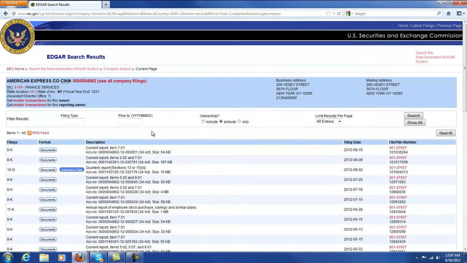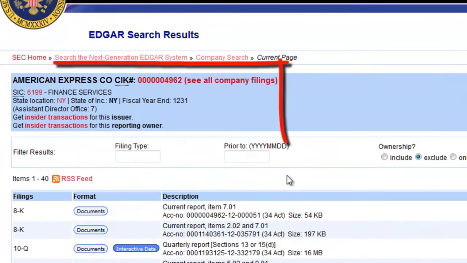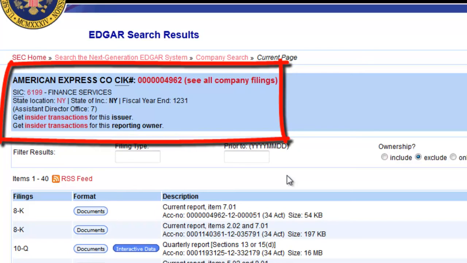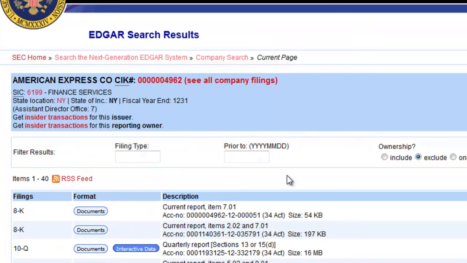We are taken to a page with various SEC documents. But the first thing you want to do when you arrive at a page like this is to make sure you are at the right place. And in this example, on the top left, you can see the name American Express. So we are at the right place.